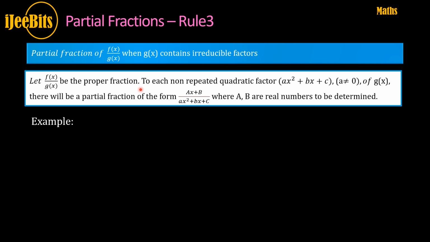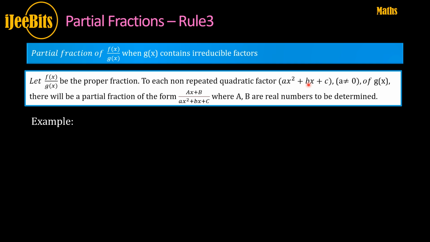Make a note, for all the partial fractions we spoke about, a proper fraction is the start point, right? You have to make sure the given equation is a proper fraction. From there you have to apply the rules. That is the hint to solve the problems. To each non-repeated quadratic factor, the condition is you have a quadratic factor like ax square plus bx plus c, where the factors cannot be made, so irreducible factors and non-repeated.